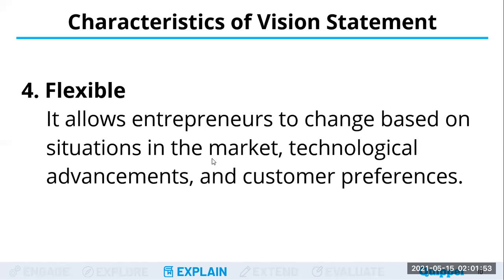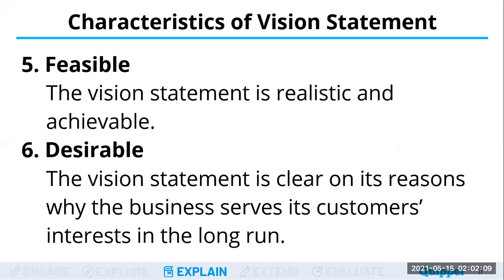Flexible: it allows entrepreneurs to change based on the situation in the market, technological advancement, and customer preference. So let's make sure we also consider the preferences of the customer. Feasible: we can be ambitious, but let's make sure it is realistic and achievable.